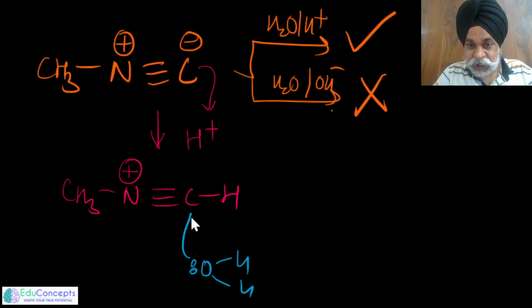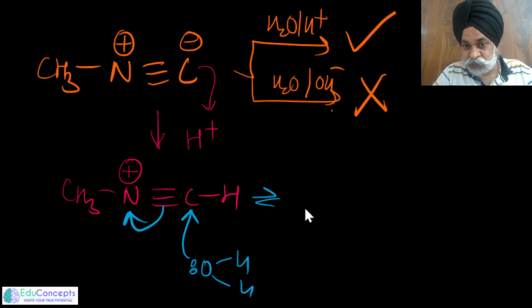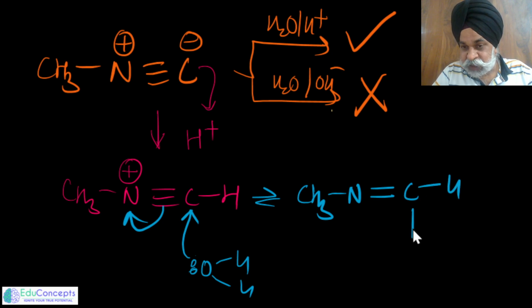But yes, this carbon can be attacked and this bond opens like this. As a consequence, the next structure you would get is that nitrogen's positive charge got omitted and the positive charge came onto the oxygen.